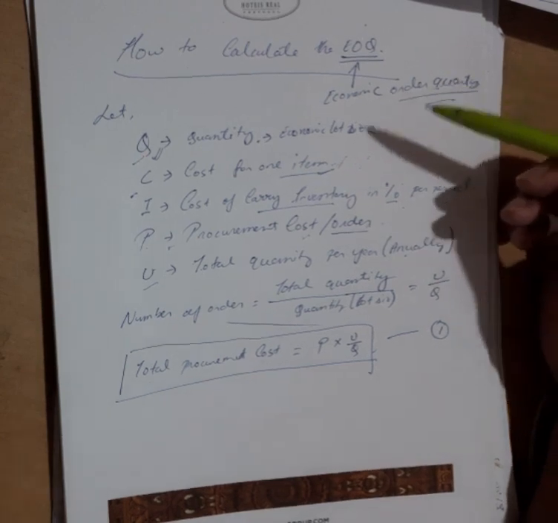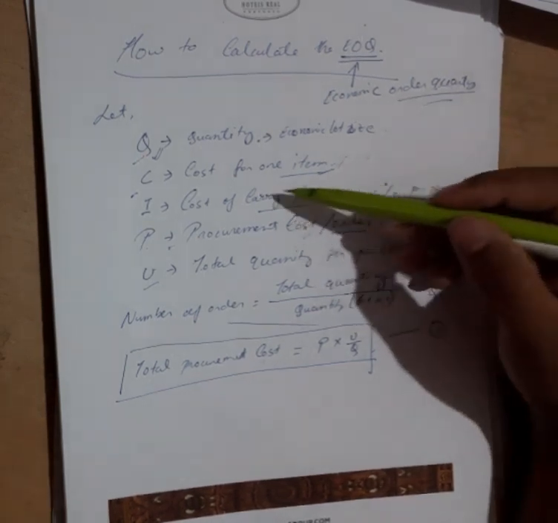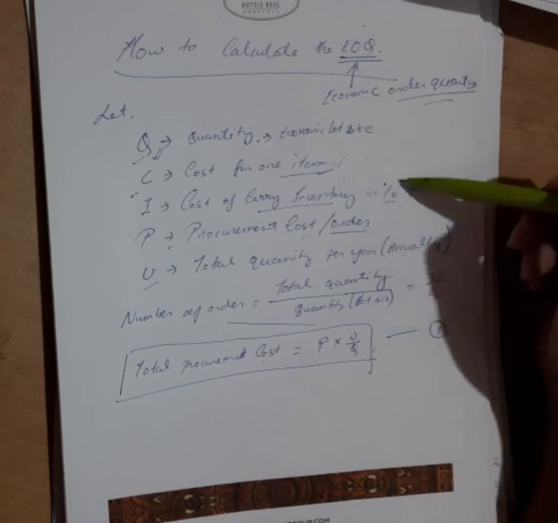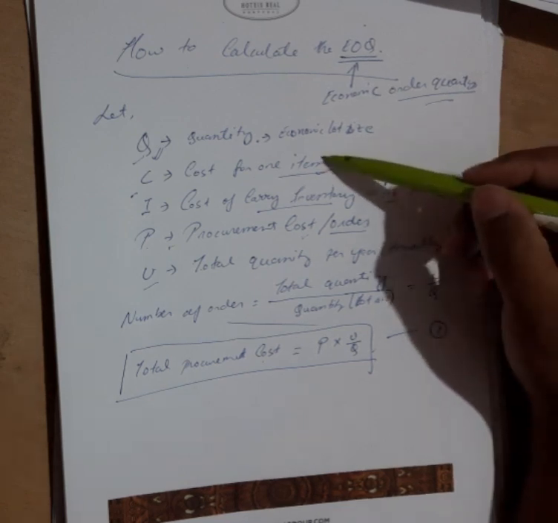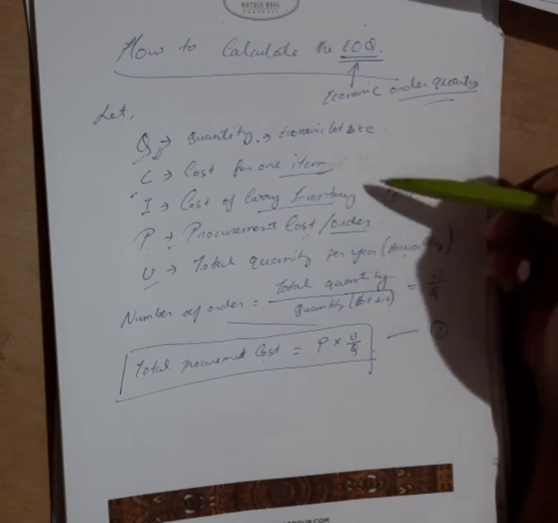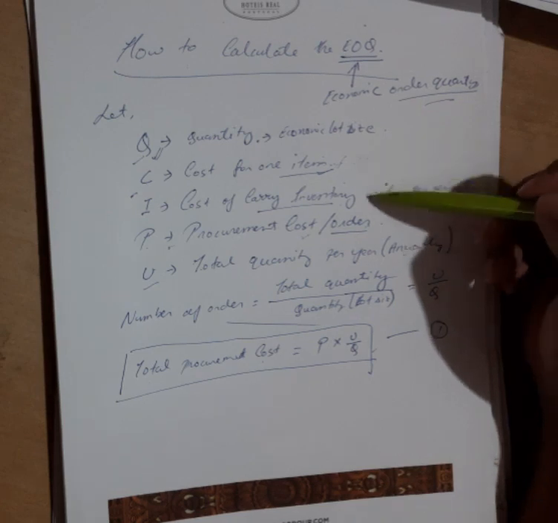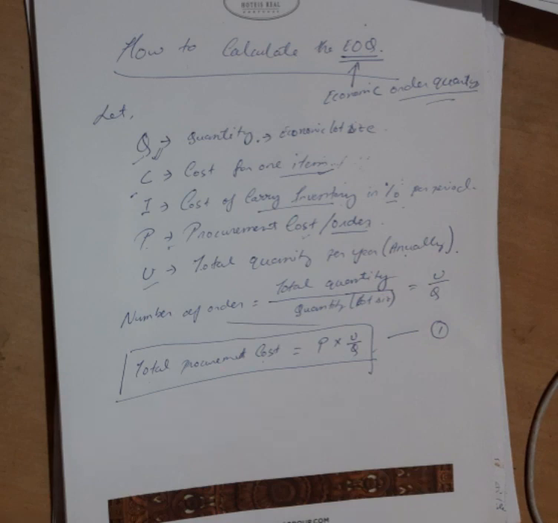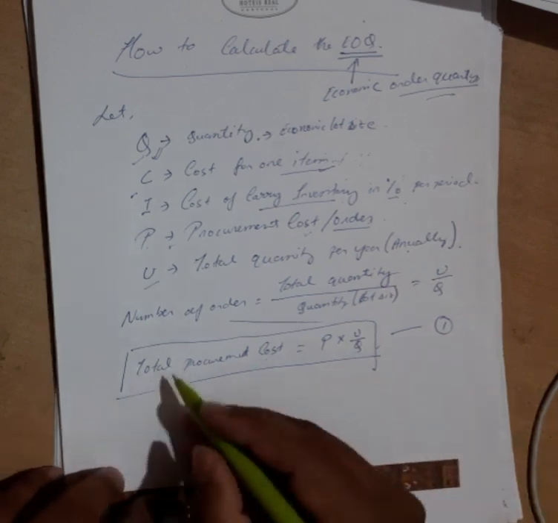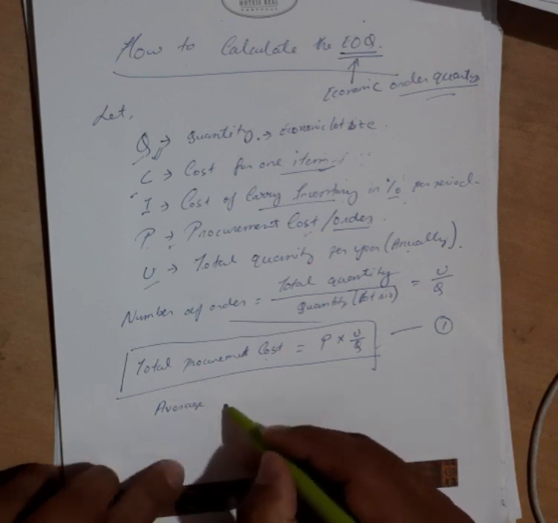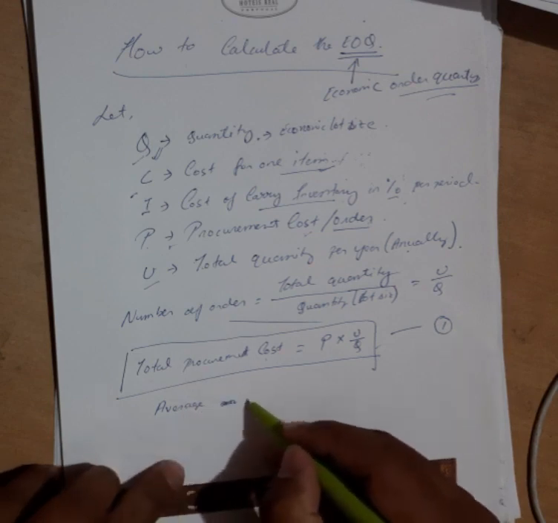Again I am repeating, this is the inventory carrying cost, which depends on the cost of the item and how many items we are having, which we have to find. If we multiply with that, we will get the total inventory cost. Okay, let us find the average inventory.